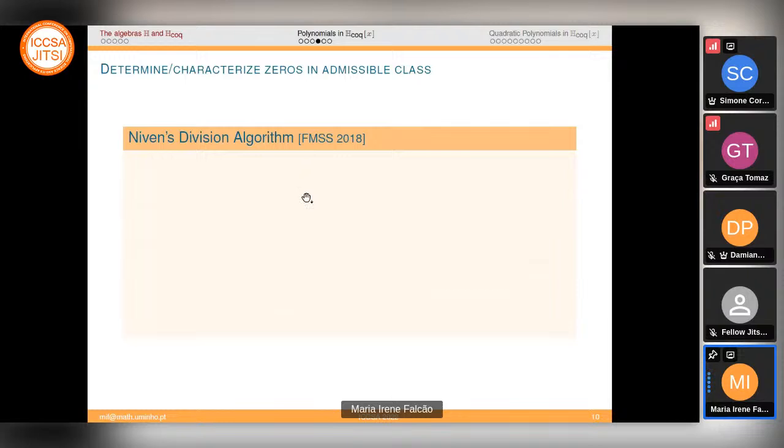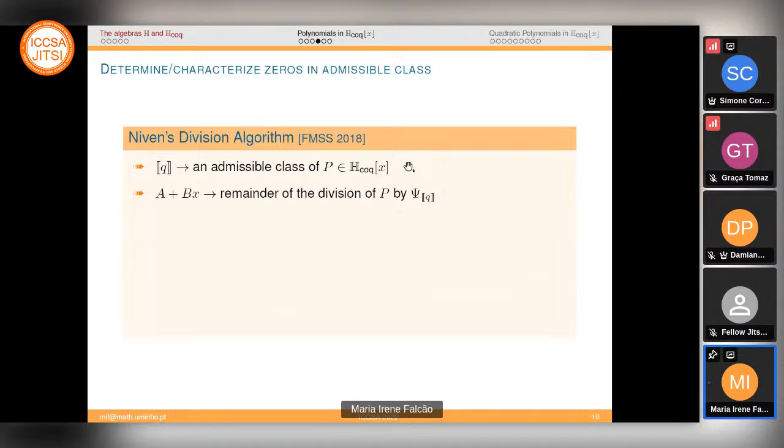We made all the adjustments and we got these results over here. If we have an admissible class of P, compute all the admissible classes of P, and then determine the remainder of the division of P by the characteristic polynomial of each of the admissible classes. Since this is a second-degree polynomial, the remainder is a first-degree polynomial.